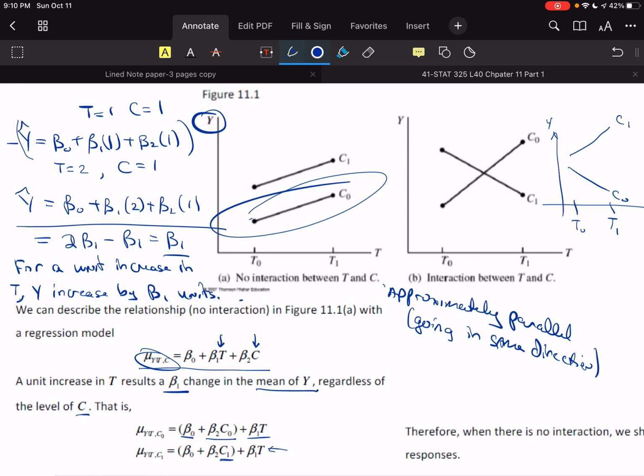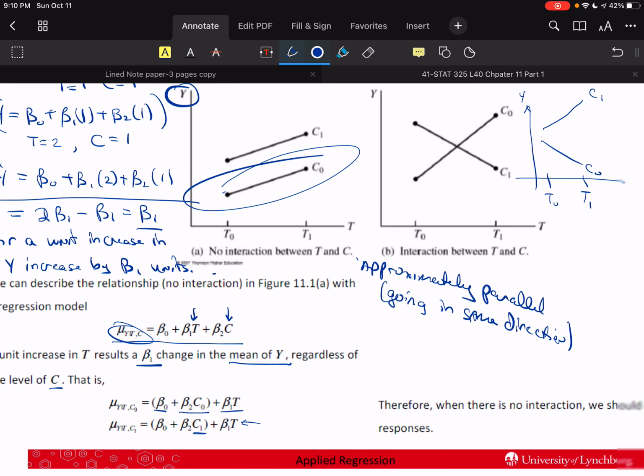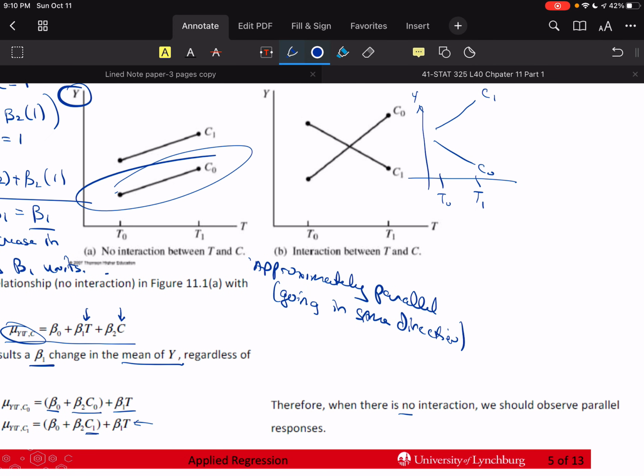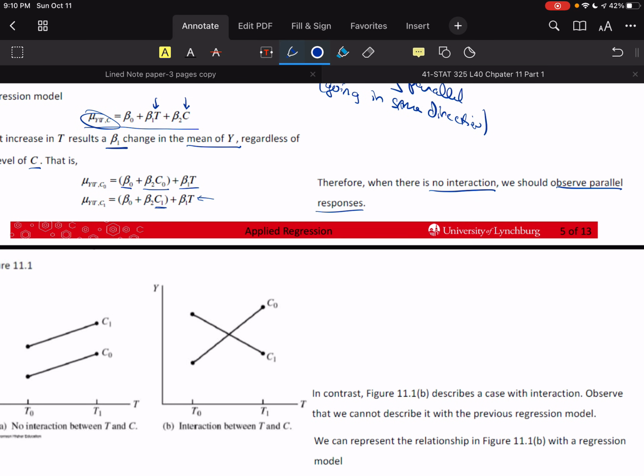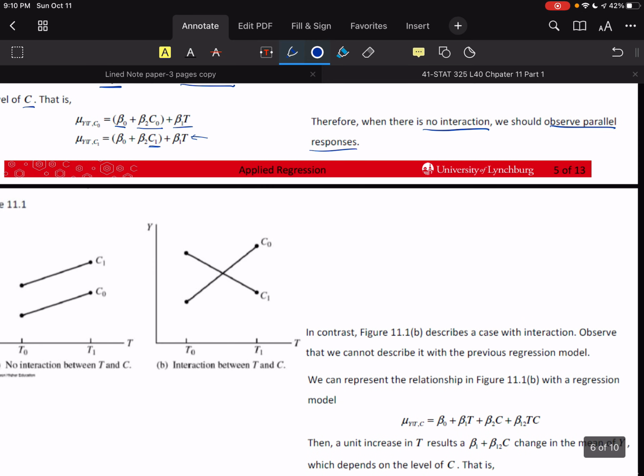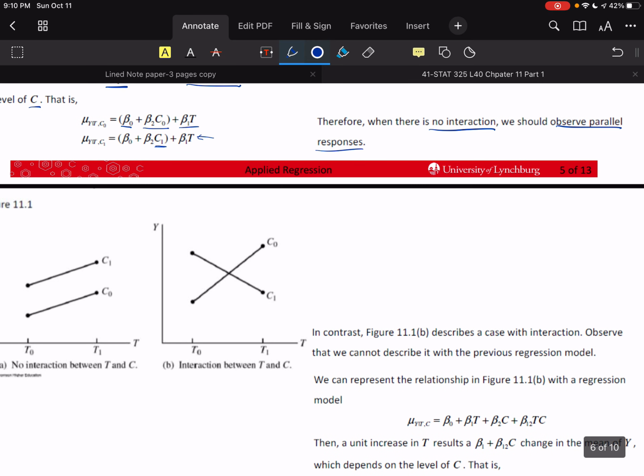And we could do the same thing with beta 2. Now, when there's no interaction, we should observe parallel responses or approximately parallel responses. So, in figure 1b, of course, we have the case with interaction, and we cannot describe it with that previous regression model.